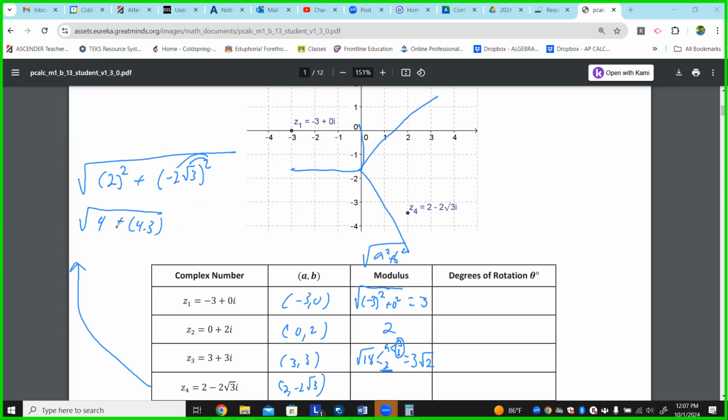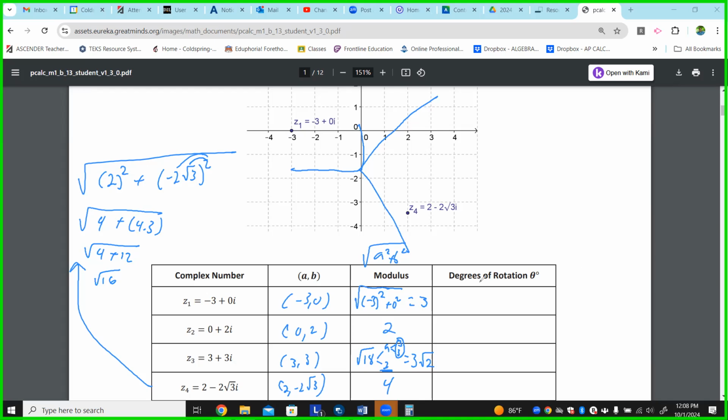So this ends up being 4 times 3, which is 12. So this ends up being 4 plus 12, right? Which is 16, and then what's the square root of 16? So the answer here is just straight up 4. Okay. Just know here that you apply it to everything inside the parentheses, no matter how much you've got going on there.